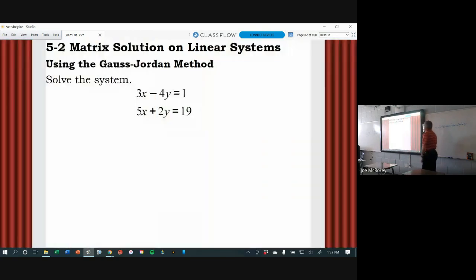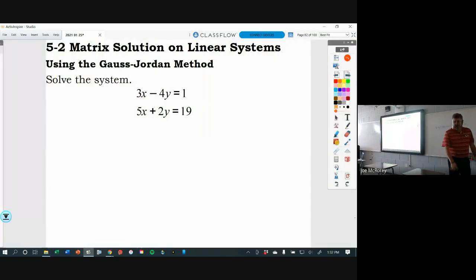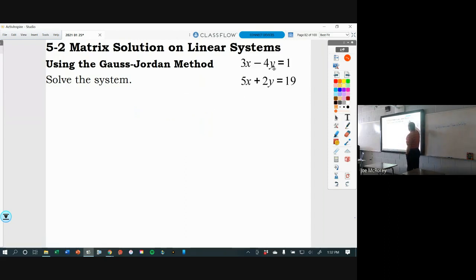All right, we're going to do this one by hand. We're going to use Gauss-Jordan elimination to solve for X and Y. Are my X's lined up?